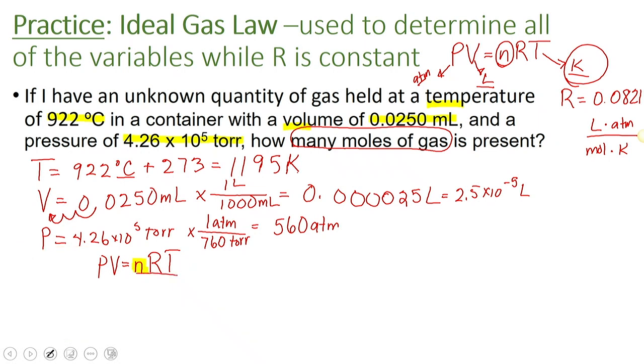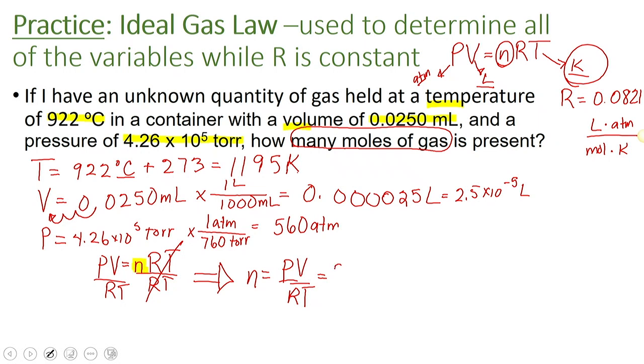Well, if I divide both sides by RT, RT cancels out over there, and so we end up with n is equal to PV divided by RT. All right, now we just plug and chug.